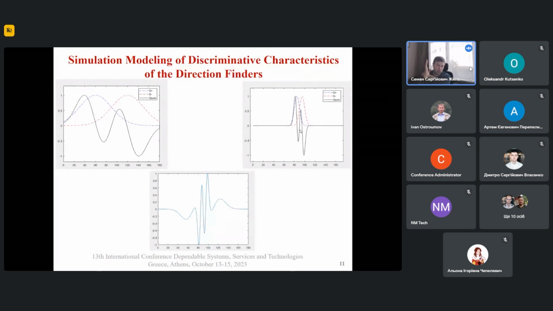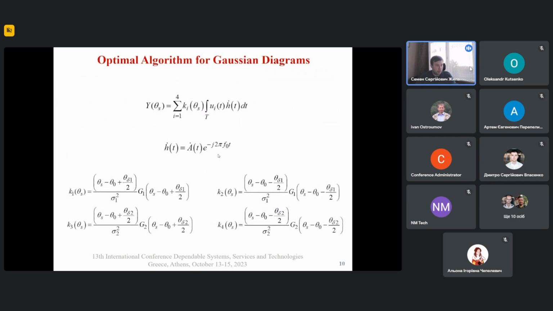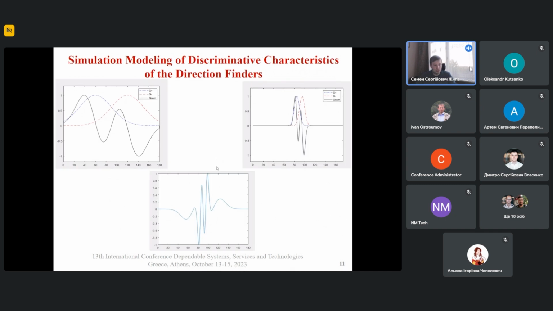It's good to have a high slope, but at the same time, it's a much narrower general field of view for our direction finder. In this case, we realized this algorithm, but this coefficient we chose the same in every channel. And you see that we generally did not get a better result for the antenna direction finder.